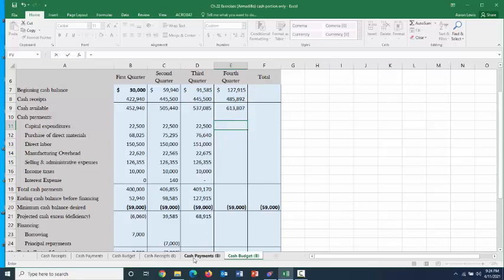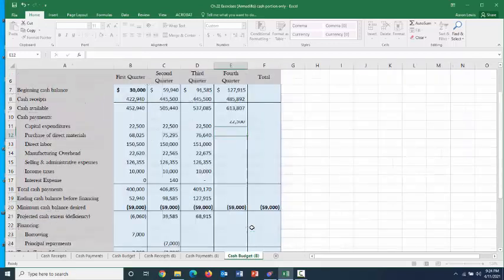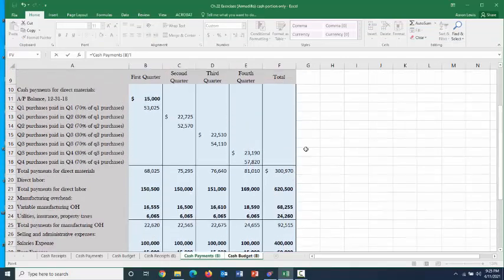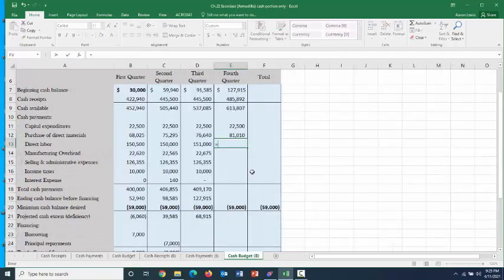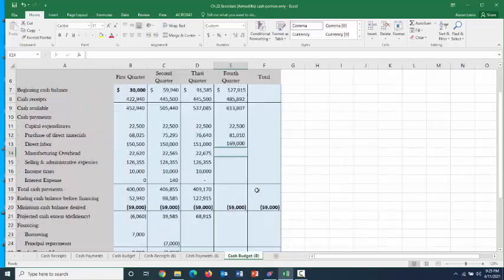According to our schedule of cash payments, capital expenditures in the fourth quarter is going to be $22,500. According to our schedule of cash payments, we are planning on spending $81,010 on payments for direct materials in the fourth quarter. Direct labor expenditures during that fourth quarter are going to be $169,000.